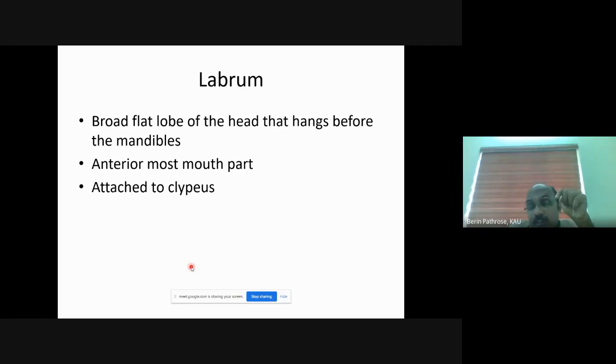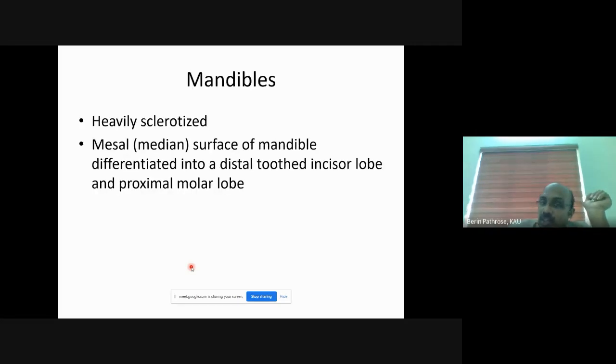It is hanging before the mandibles. So this is with respect to labrum. I'll show a video so that it will be a bit clearer. Usually in the practical class, we show how we dissect an insect mouth part, and how the different mouth parts look.